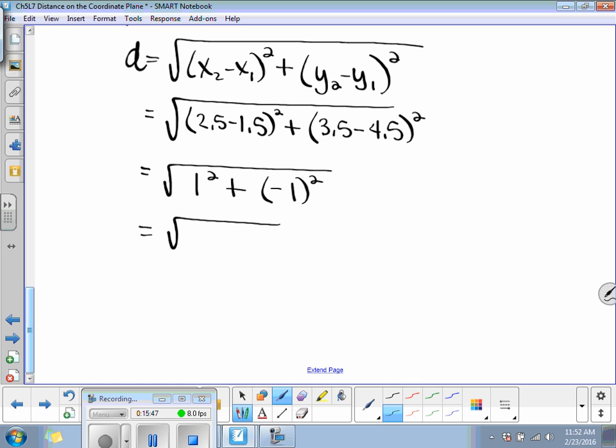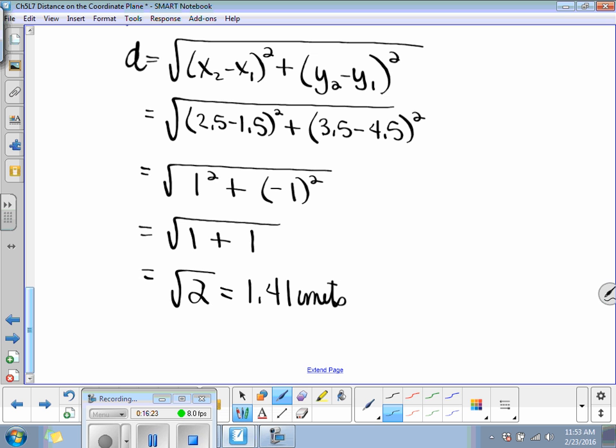So we've got the square root of 1 plus negative 1 squared is 1. So the square root of 2 is, what'd you get? 1.4. Let's say 1.41, okay? 1.41 units.